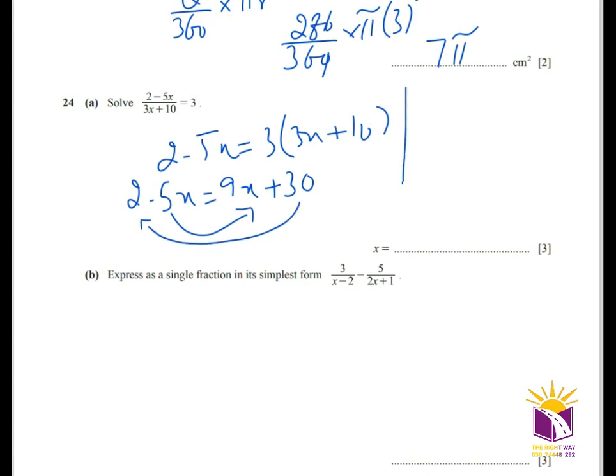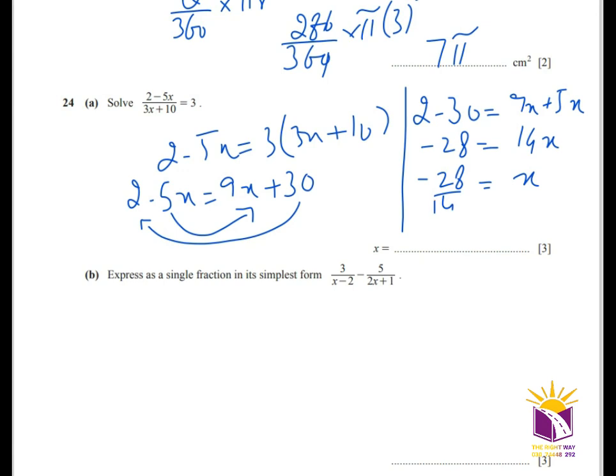It will become 2 minus 30 is equal to 9x plus 5x, and it will become minus 28 is equal to 14x, and x will be equal to minus 28 divided by 14, so x will be equal to minus 2.